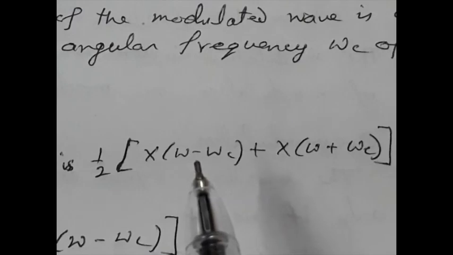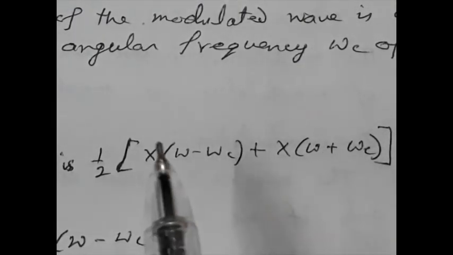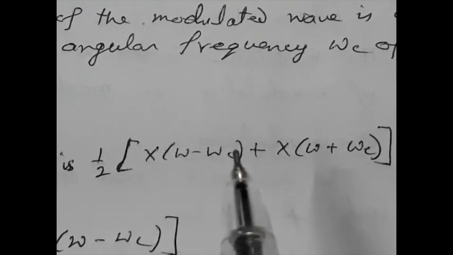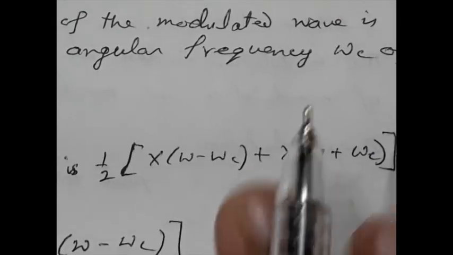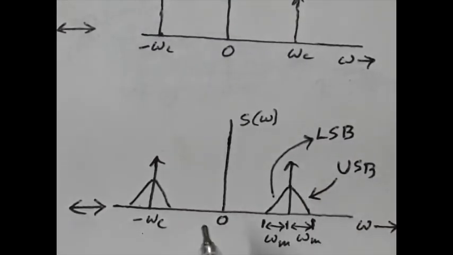We must have two spectra, one for the positive side, another for the negative side. The shape of the spectrum will be the same as X(ω), but shifted in frequency by an amount ωc. So the shape of X(ω) was triangular, so the spectrum of AM will be triangular in shape but shifted by ωc. This is ωc and this is minus ωc, and we have a triangular shaped spectrum.